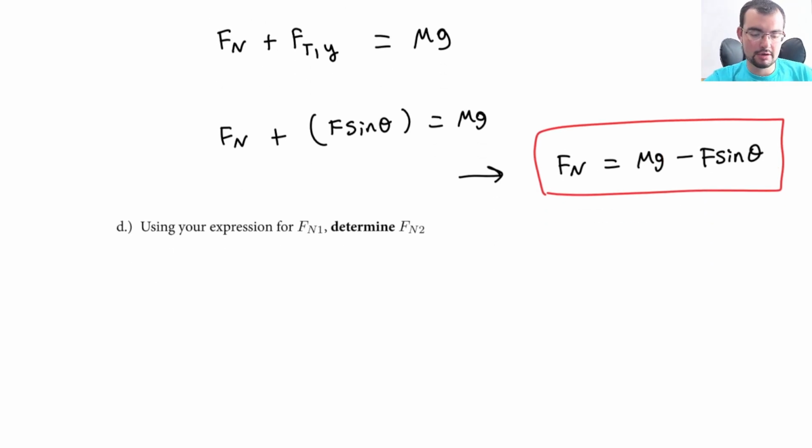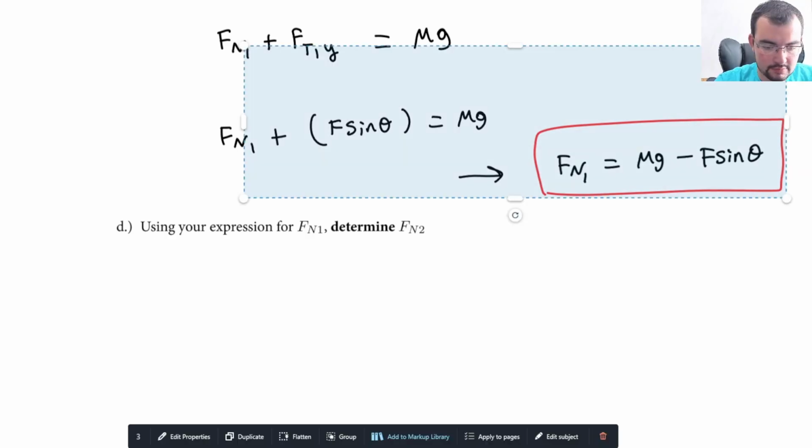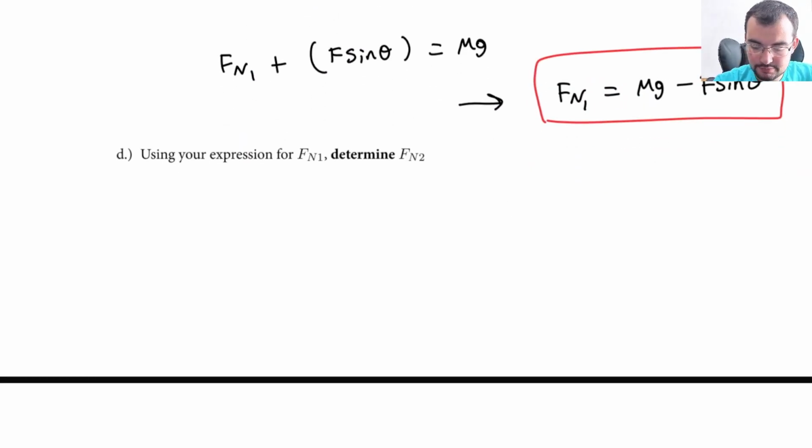Now it says using your expression for Fn1, determine Fn2. Oh yeah, this is 1. We should be using the notation. Well, it says determine, and that usually means it's just a very simple thing, or we could just kind of look at it. So Fn1 needs to push back with mg minus whatever help it got.